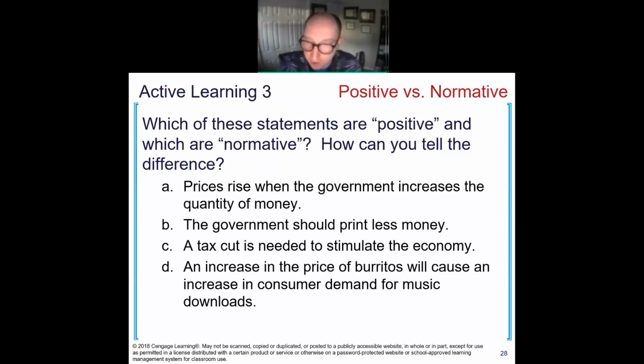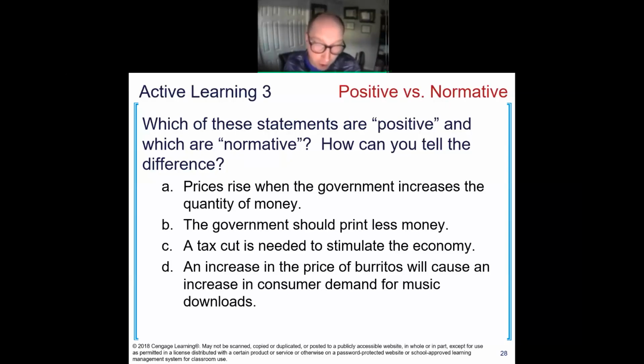increase in the price of burritos will cause an increase in the consumer demand for music downloads. What? Yeah, well, basically what it means is there are relationships between different products that are sold in the economy.